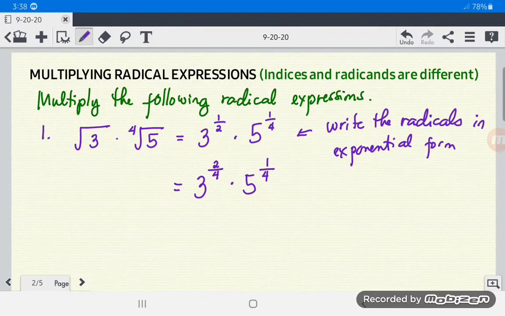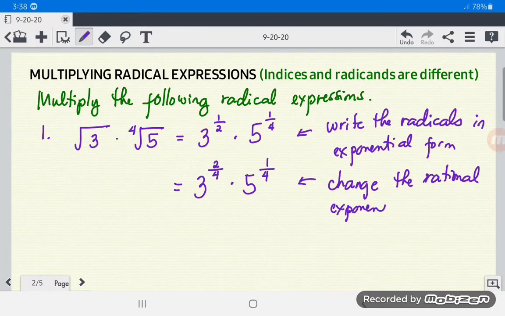So, here, change the rational exponents to similar fractions.